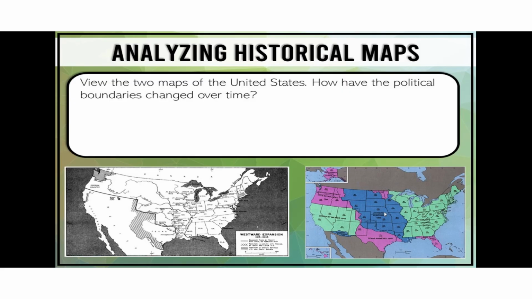And the map on the right shows us the map of the United States and essentially where these states came from. The Louisiana Purchase, ceded by Mexico, Oregon Territory. So again, these maps will show us how political boundaries have changed over time. Remember, political boundaries are kind of those man-made lines.